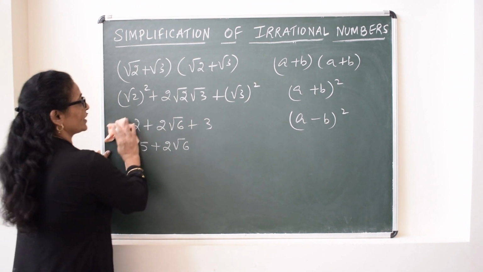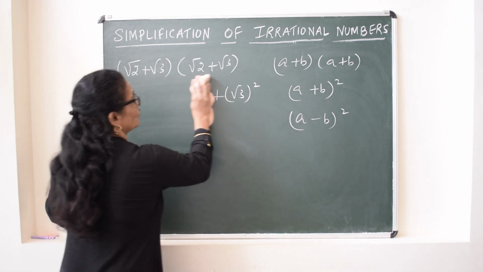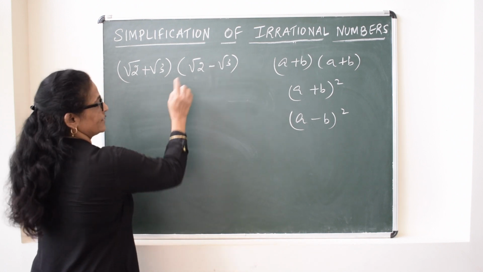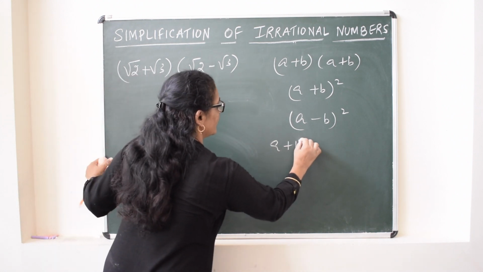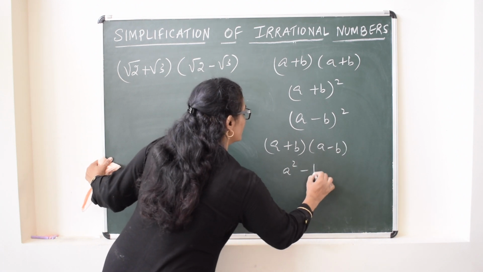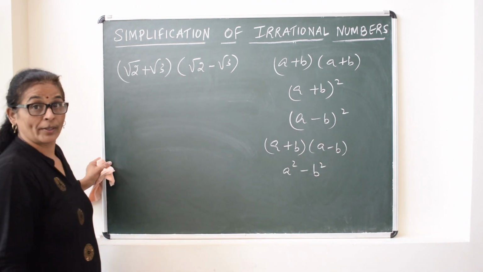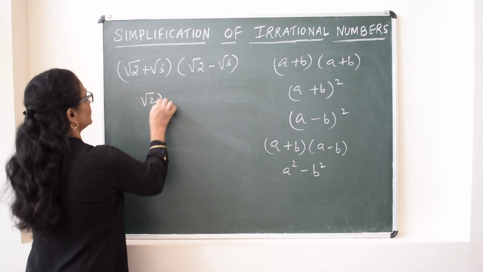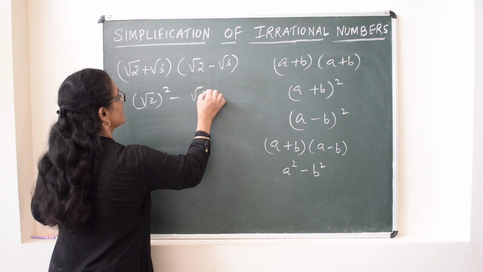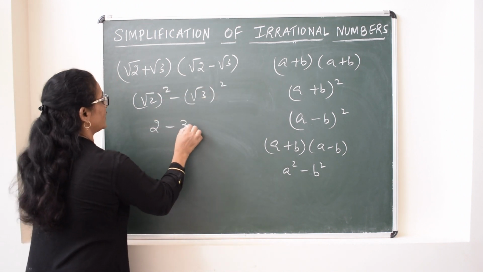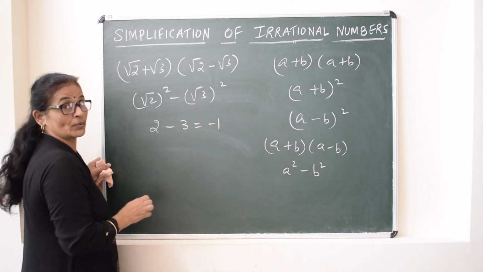But if it is given one positive and one negative, in that case, this will be a plus b into a minus b, which will further give a square minus b square. So here this will be root 2 square minus root 3 square. This will be 2 minus 3, that is minus 1.